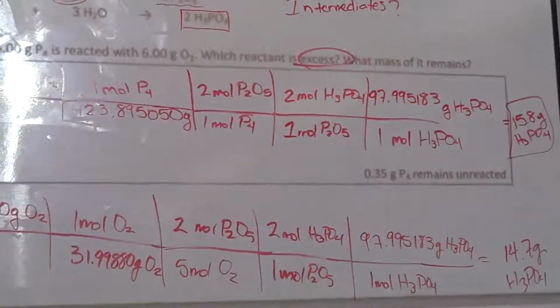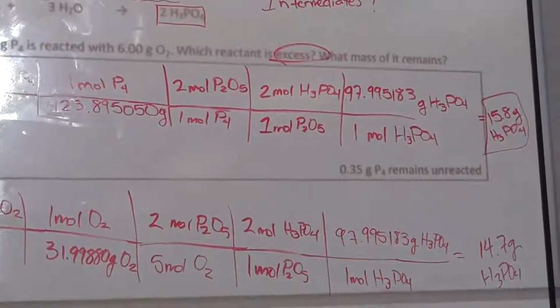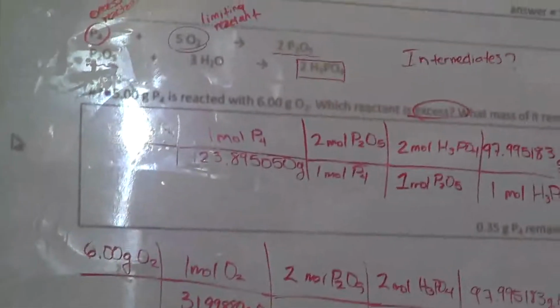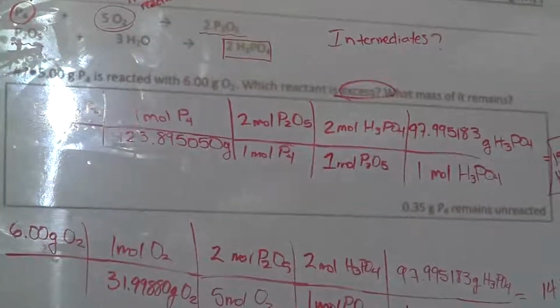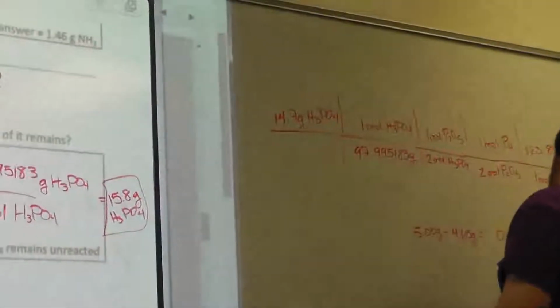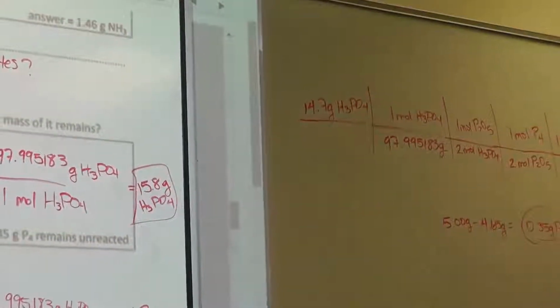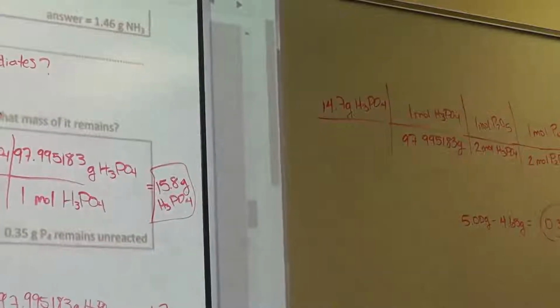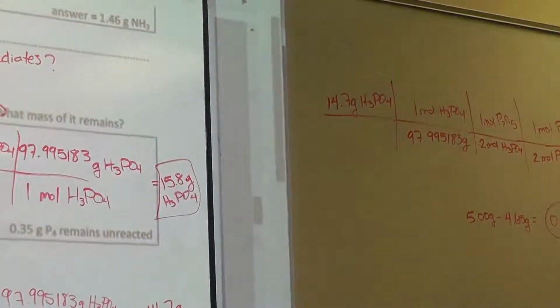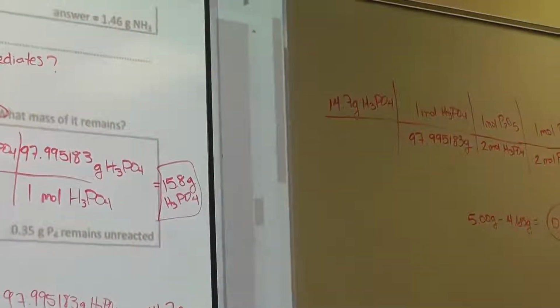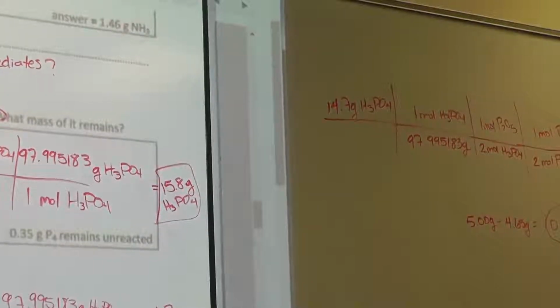So then you're going to take your 5 grams of original and subtract what you used up. And that's where your 0.35 grams of P4 remaining is coming from. Is everyone good with that?